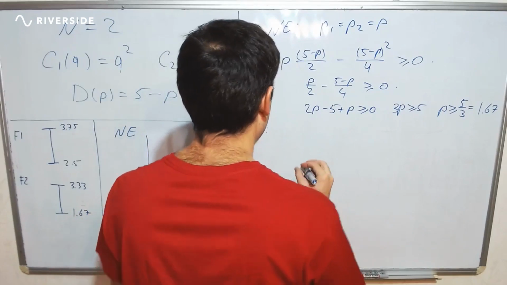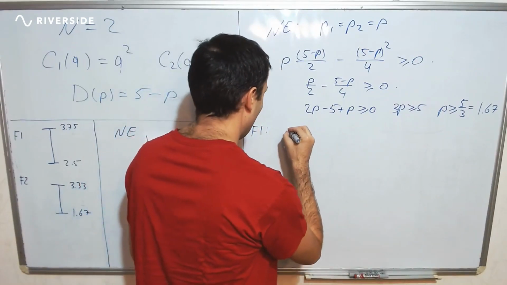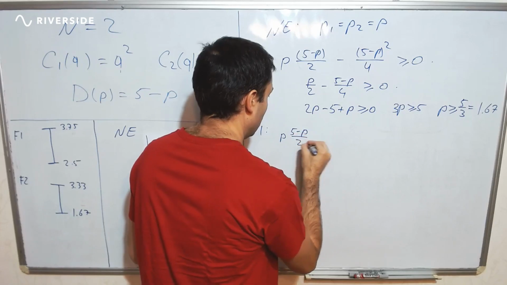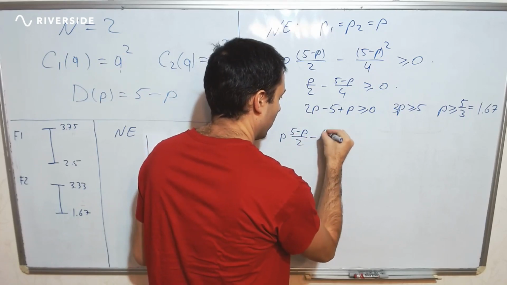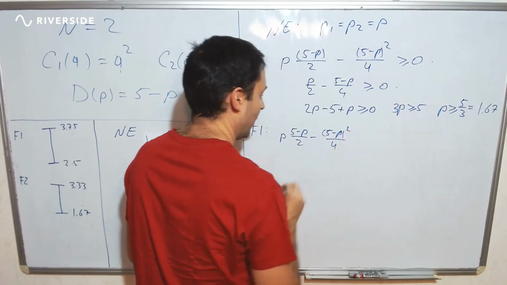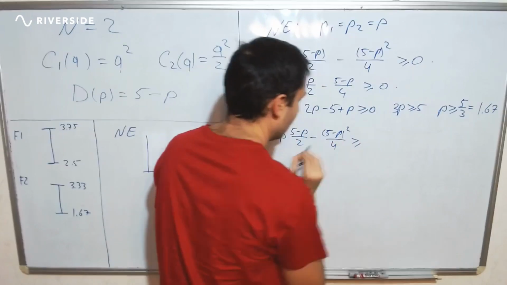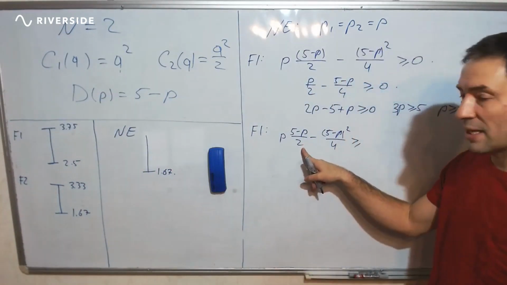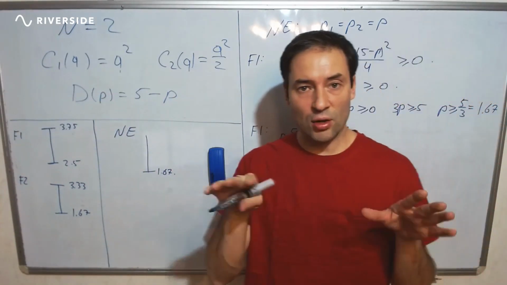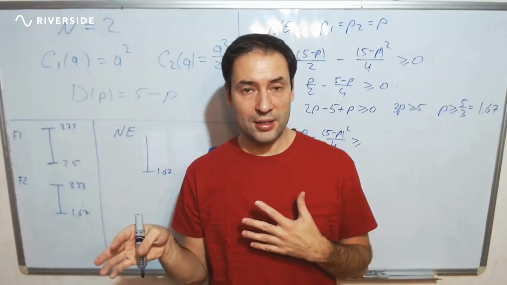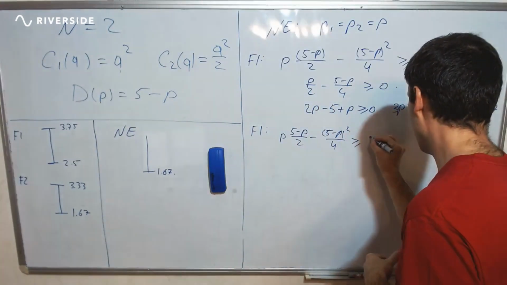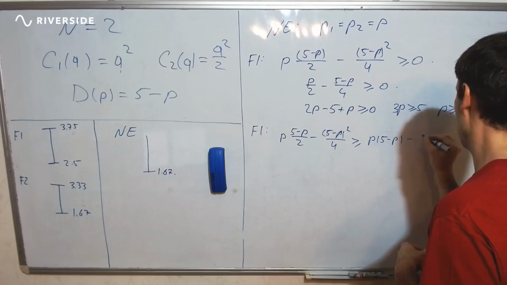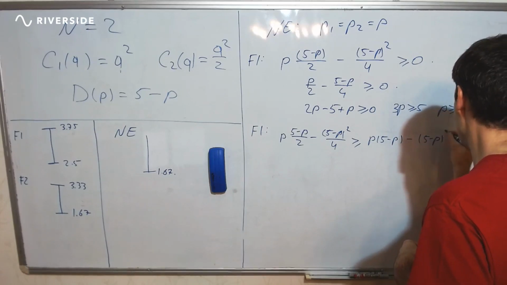So firm 1 would not engage in undercutting only when its current revenue, which is already written above, is better than its revenue from literally charging the same price and servicing the whole market just by itself. So P(5 minus P) minus (5 minus P) squared.